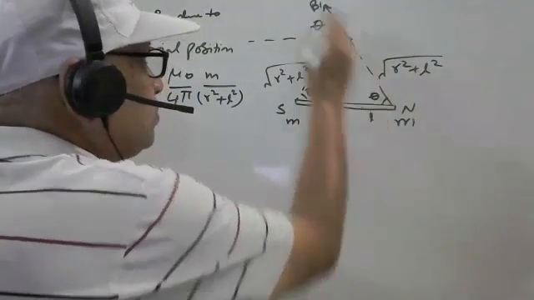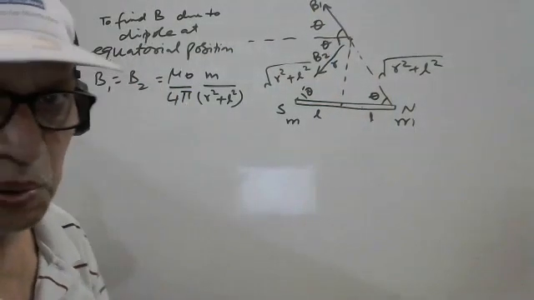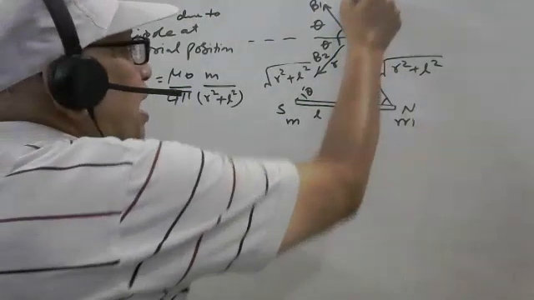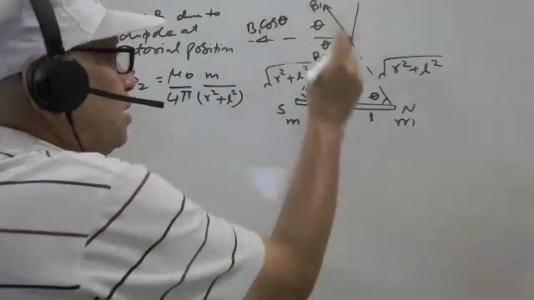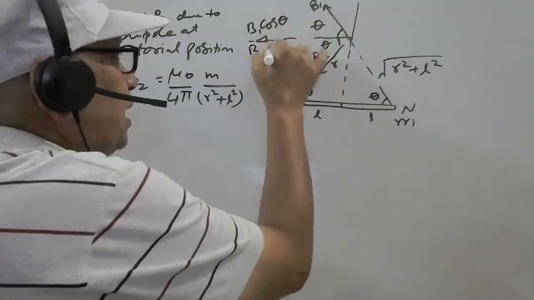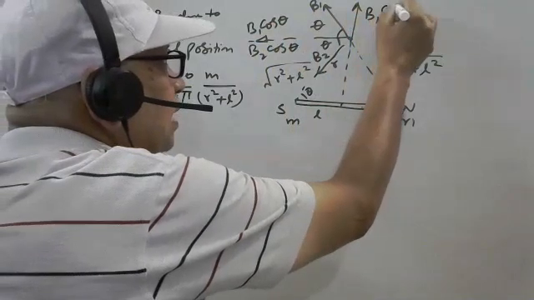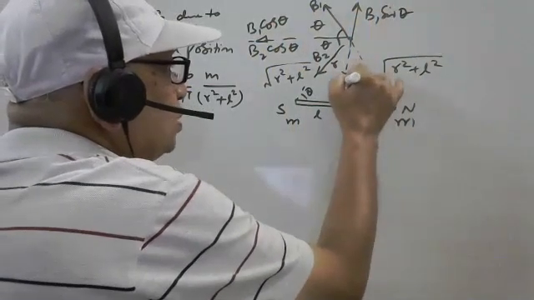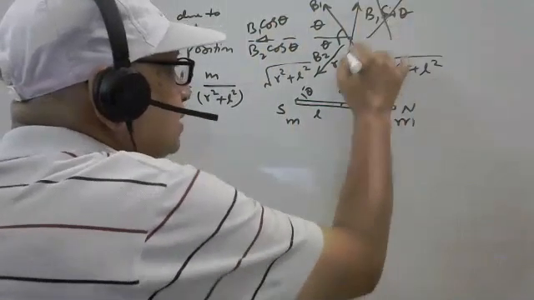Alternate angle, corresponding angle. If you resolve B1, B2 along this direction, like B1 cos theta and B2 cos theta, they added up, but B1 sin theta and B2 sin theta are equal and opposite, so they cancel out in pair.